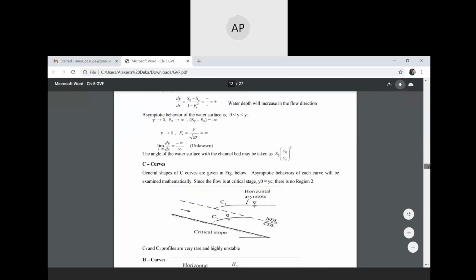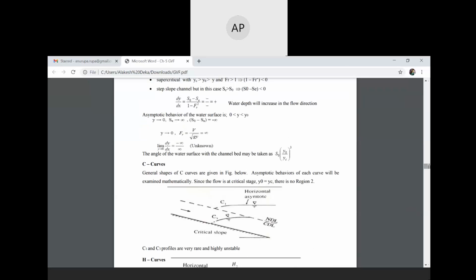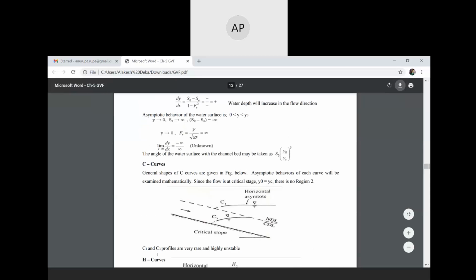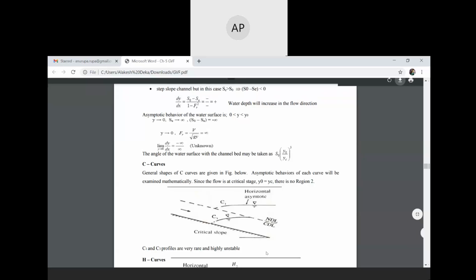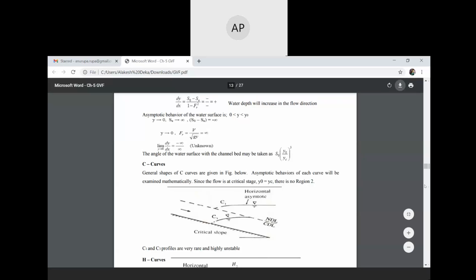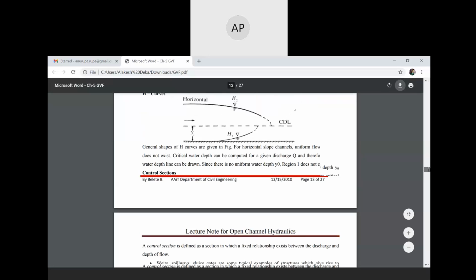And this is the figure of C profile. C1 and C3 profile are very rare and highly unstable. So generally the critical slope profile is unstable and it is very rare.